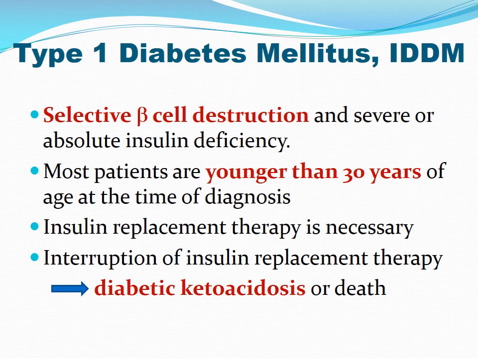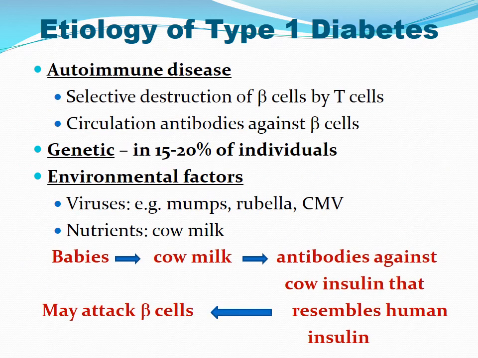This type occurs in younger people, about 30 years of age at the time of diagnosis. These patients require insulin replacement therapy. Interruption of insulin replacement therapy may lead to diabetic ketoacidosis or death.